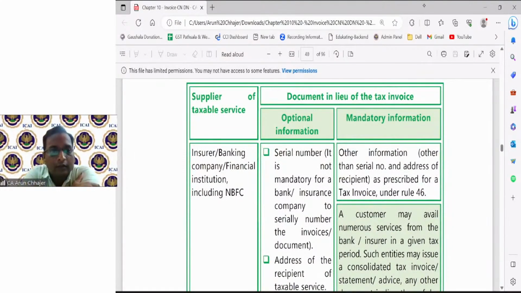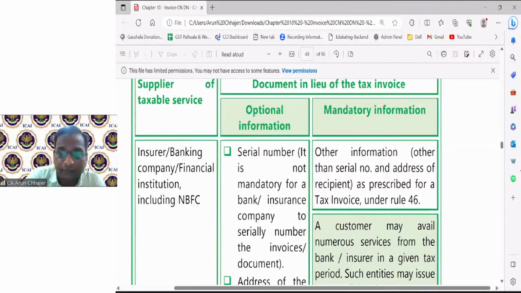First, insurance, banking company, financial institution, NBFC. Which information is optional? Serial number. It is not mandatory for the bank to serially number their invoice.